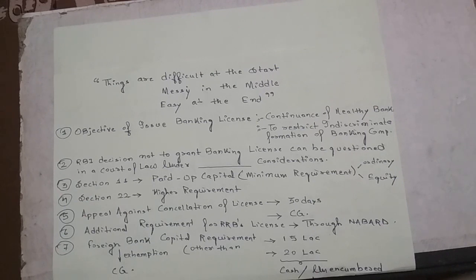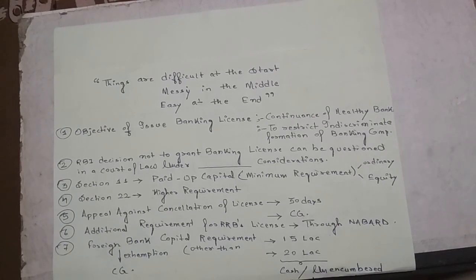As it is directly or indirectly related to public interest, it is required to give the license only to those who are healthy, and whose management is at par with the economic condition of the country.